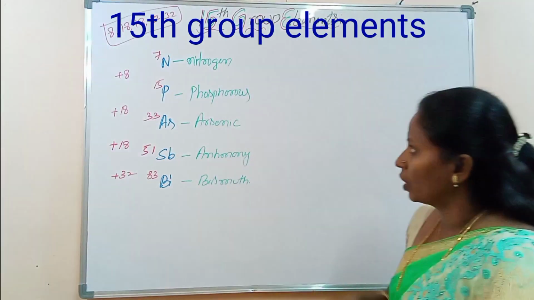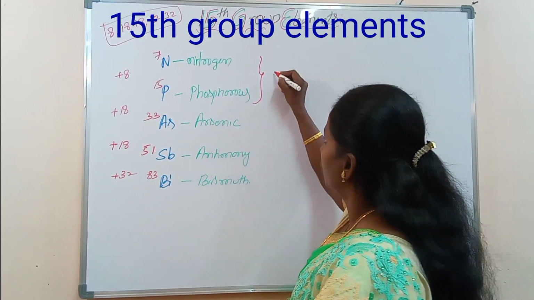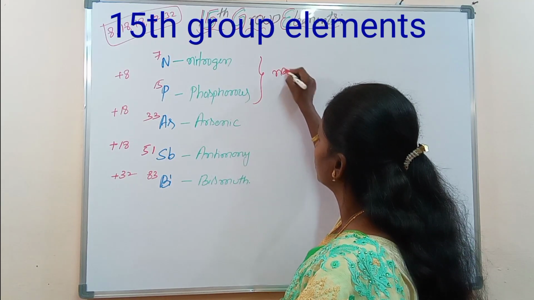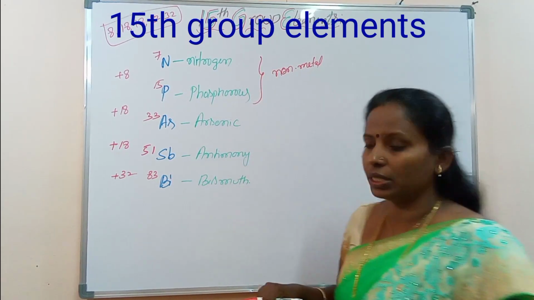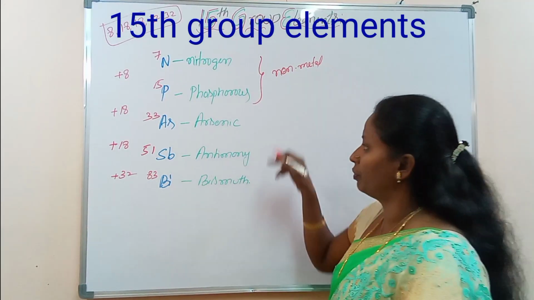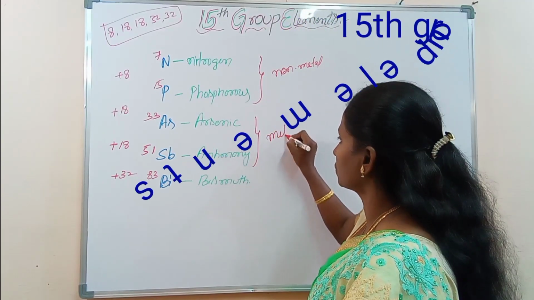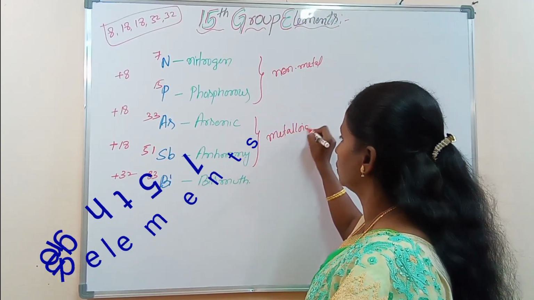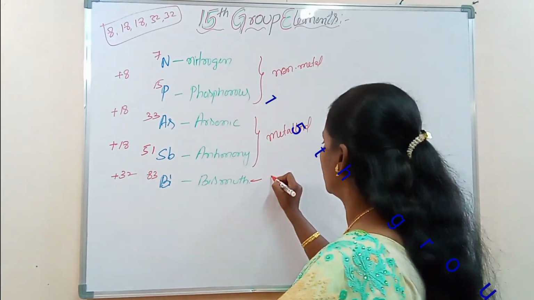Here these two, nitrogen and phosphorus, are non-metals in the periodic table, in the 15th group. Arsenic and antimony are metalloids, and bismuth is a rare metal.